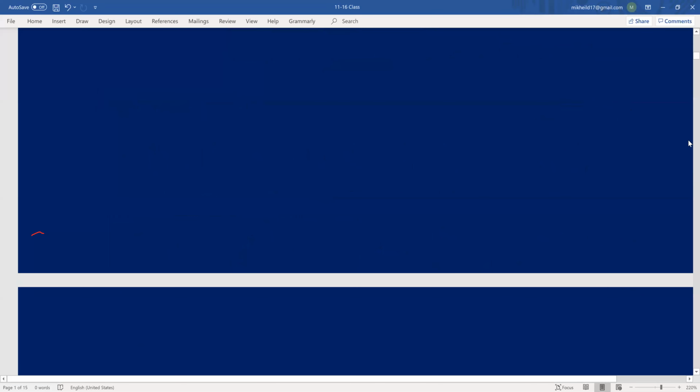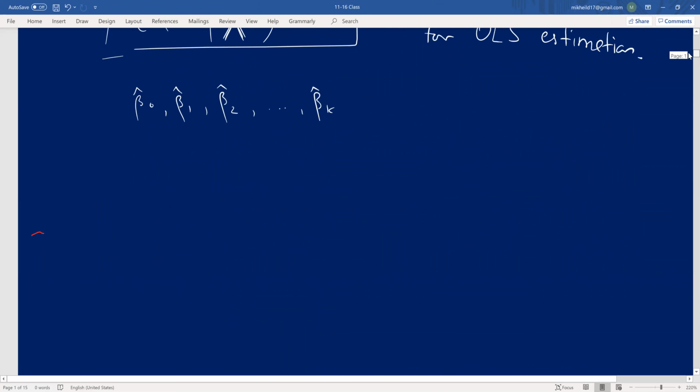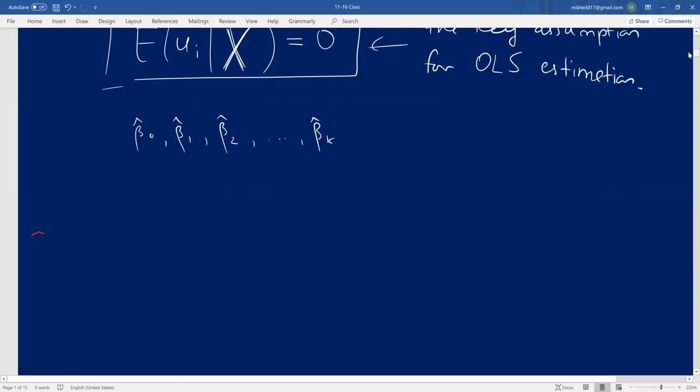And then the next question naturally is what? Are these estimates good? So then we need to recall what we mean by an estimator to be a good estimator.